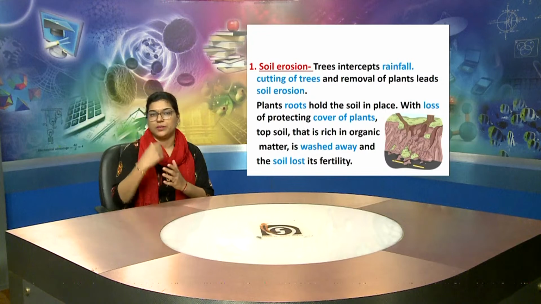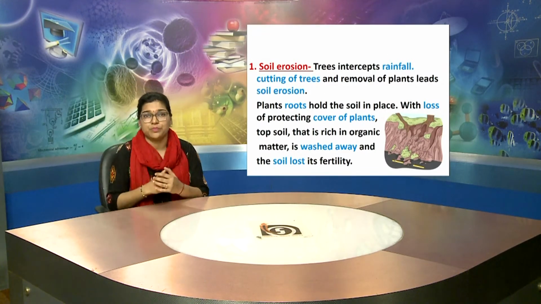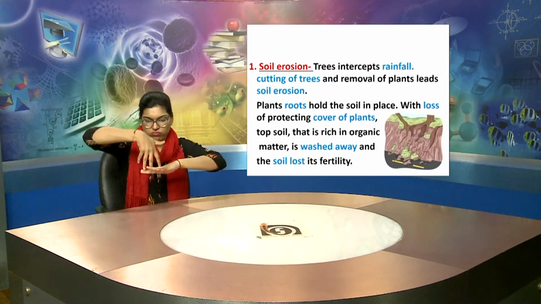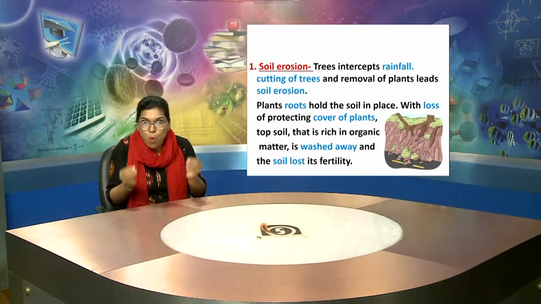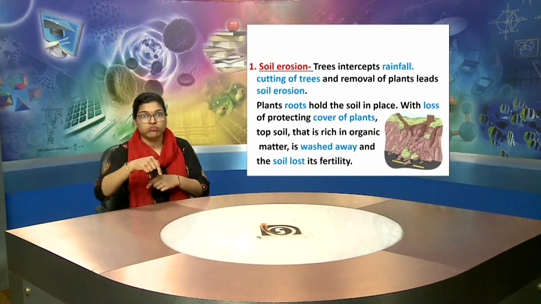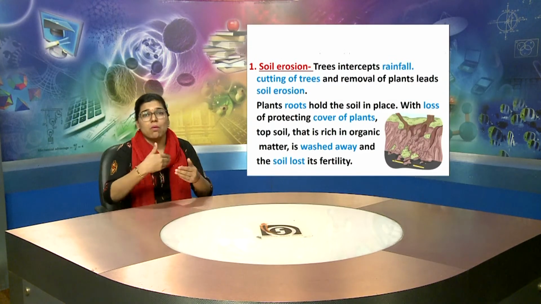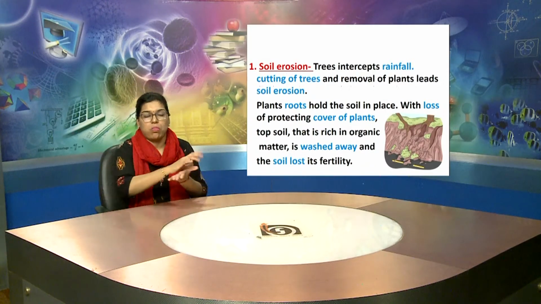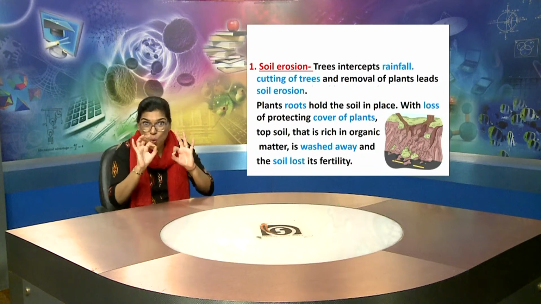So here you have the first point. Soil erosion. We know that trees intercept rainfall. They hold the soil. And when deforestation occurs, then cutting of trees and removal of plants leads to soil erosion.